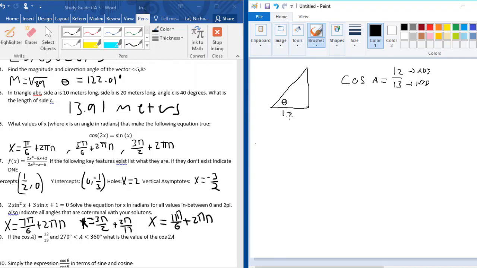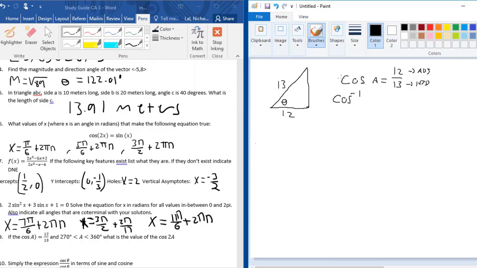So we have an adjacent side of 12, a hypotenuse of 13, and what we need to do is find the value of our angle, okay? And so if the cosine of A is 12 over 13, and we're trying to find what our angle is, we can just use inverse cosine. You can take the inverse cosine of both sides.